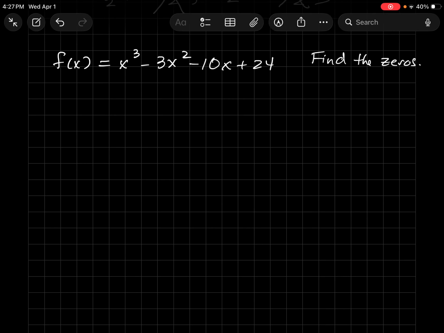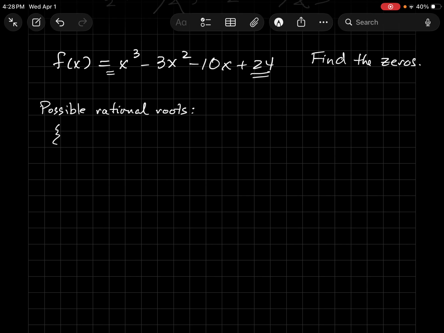Now I am going to start by listing the possible rational zeros. So my constant term is 24. My leading coefficient is 1. The leading coefficient of 1 makes this a little bit easier. So the possible rational roots will be one of these.